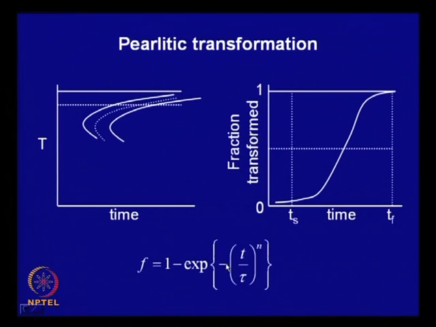Instead of k, which is outside this parenthesis, we have put tau, t over tau. Tau is some characteristic time, we will come to know about it, and it is t over tau raised to the power n. So, this is the famous Johnson-Mehl-Avrami equation, and we will know how it is possible to derive that in this particular case we do expect this type of representation.